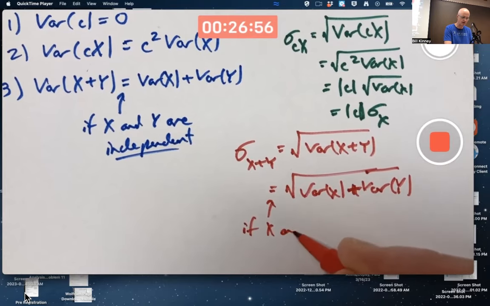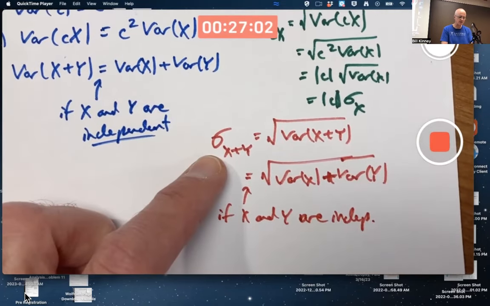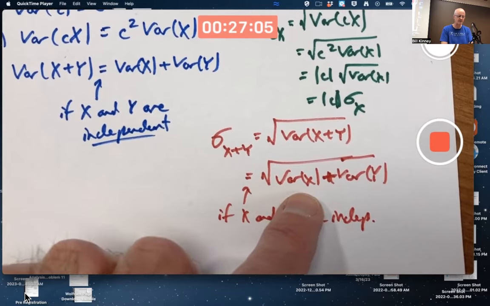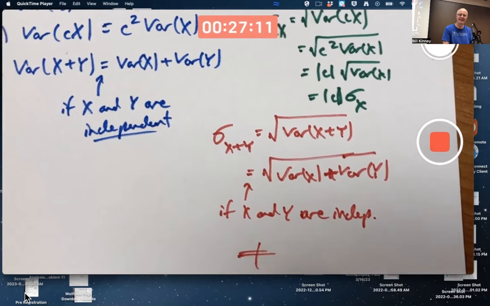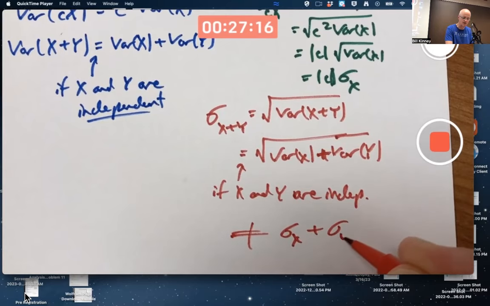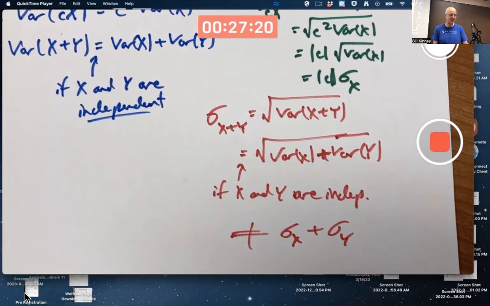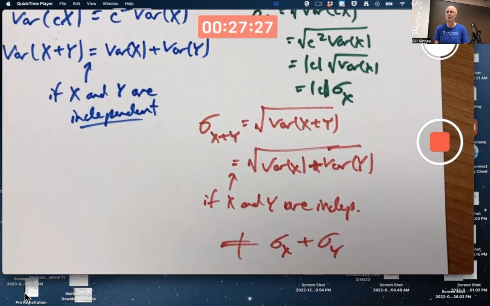Once again, if X and Y are independent, the standard deviation of X plus Y is the square root of the variance of X plus the variance of Y, and that cannot be simplified. It's not equal to, in any situation, the sum of the standard deviations, okay? When I teach statistical analysis to business students, they always think this is true. They think these things are equal. They think the square root of a sum of two numbers is the sum of their square roots. No.